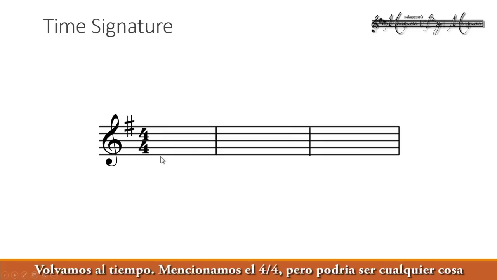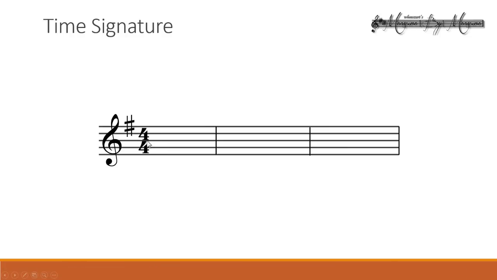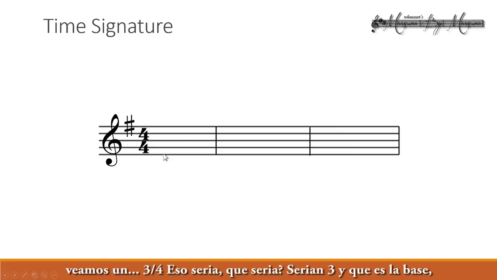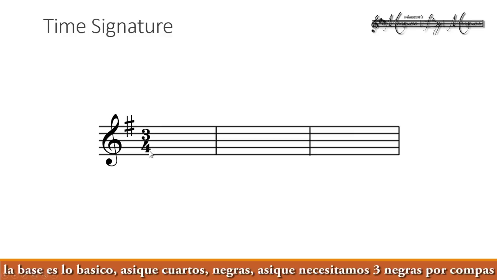Let's go back to the time signature. We talked about 4 fourths, but it could pretty much be anything. And let's see 3 fourths. What would that be? It would be 3. The base is the basic, so quarter, 4. So we need 3 quarter notes on each measure.